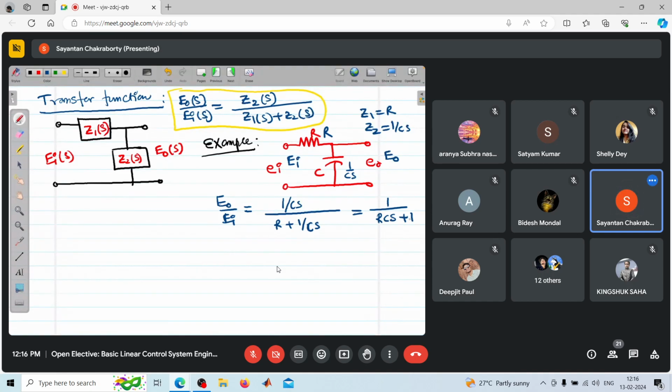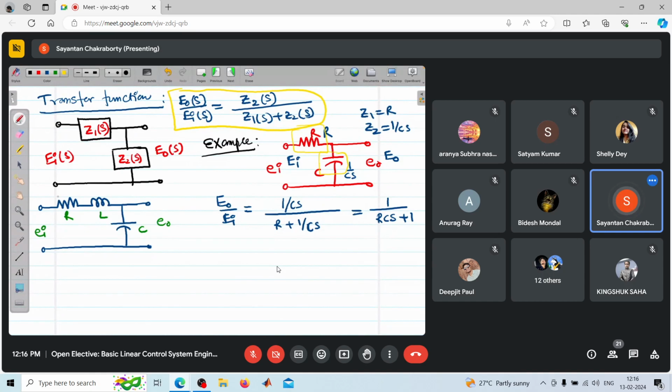Understood? Because in this case, this is your Z1, and this is your Z2. It has become so trivial. Say next example. Take an RLC circuit.